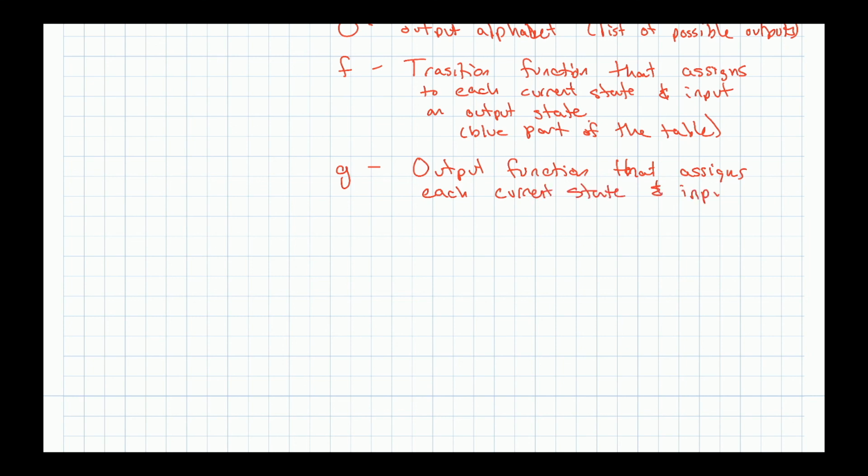That was the same, and output. Actually, why did I say output up here? They just say a new state, just to not repeat the word output there. And that was the green part of the table.